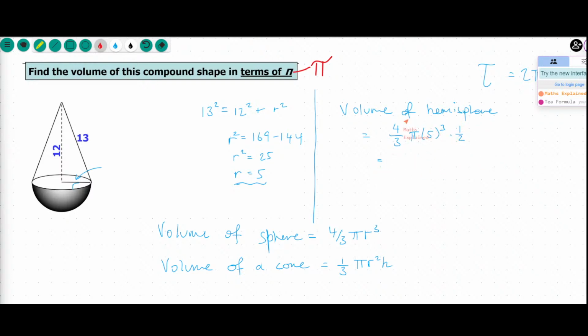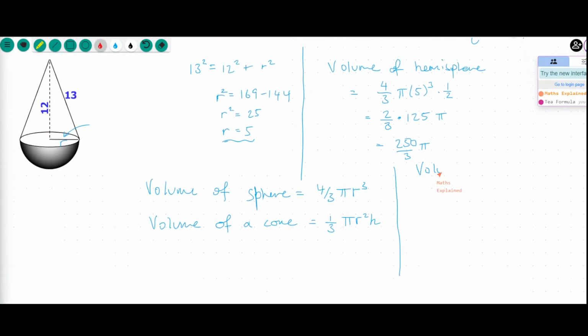So this is going to be 2/3 times 125 pi, and I guess we can multiply 125 by 2, so that's 250 on 3 pi. That's the volume of the hemisphere.